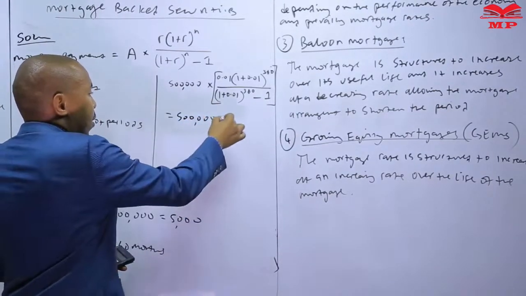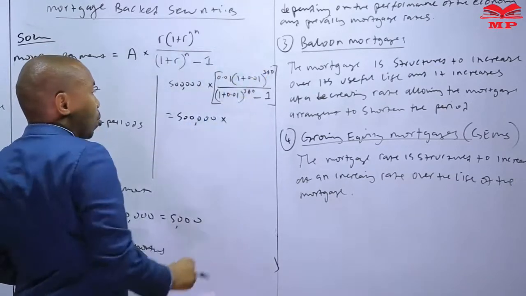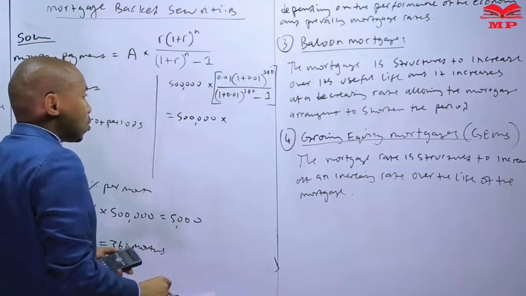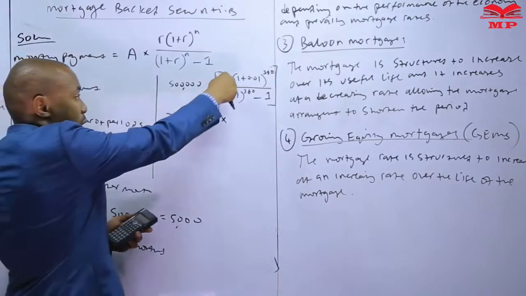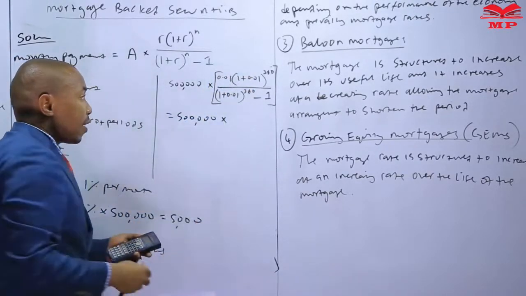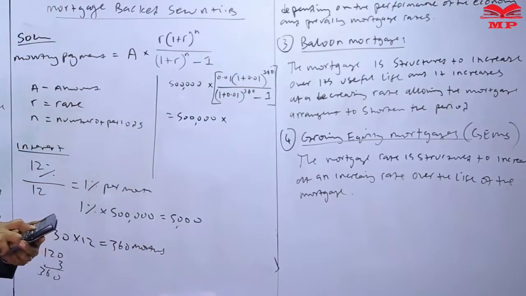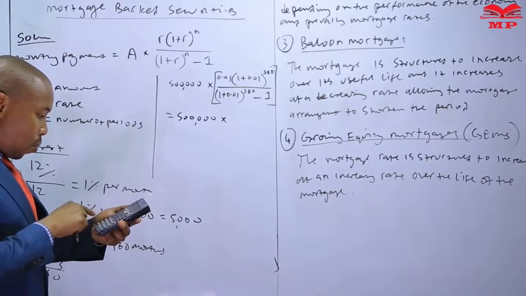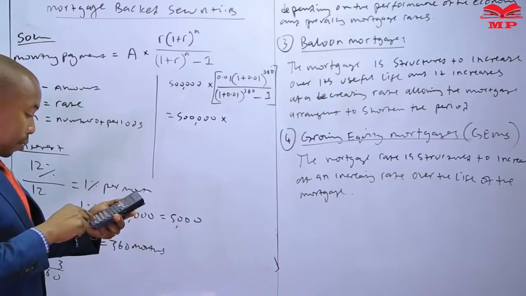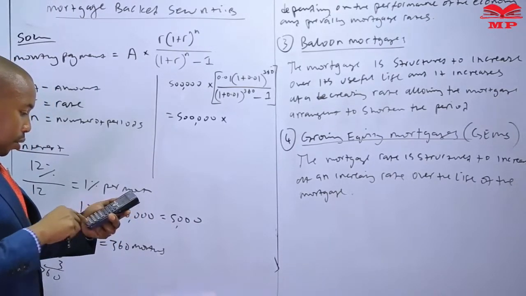So we are saying we have like that, and then we'll multiply by this component the way it is like that. So we just use the calculator. So we first of all work out this part here, then we'll multiply by 500,000 like that. So we have 0.01 multiplied by, open the brackets, 1.01 power 360, close the brackets.